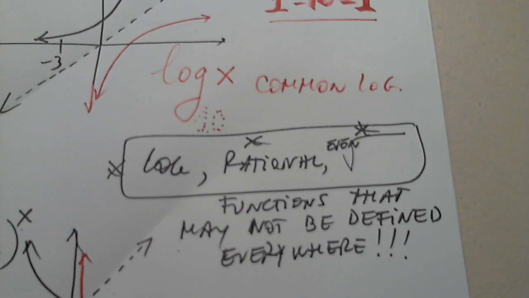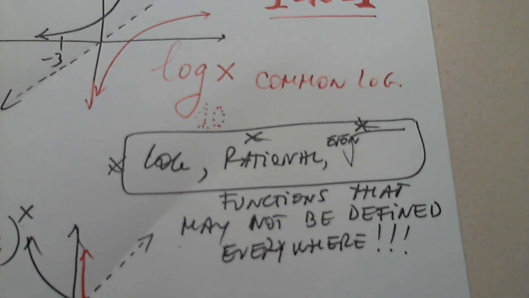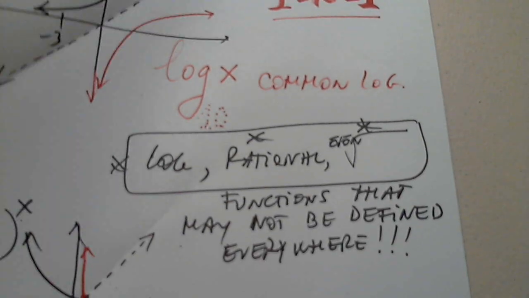Okay, so I want to review the properties of the log, and a very important property, how we go back and forth. So let me make sure I have them in the correct order.